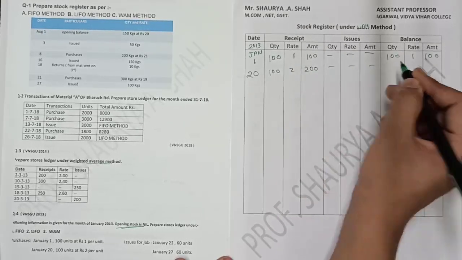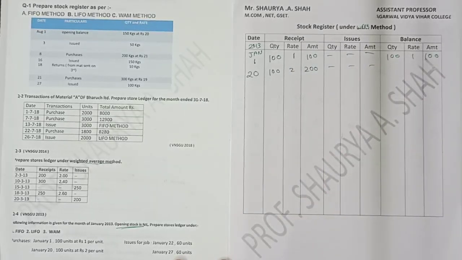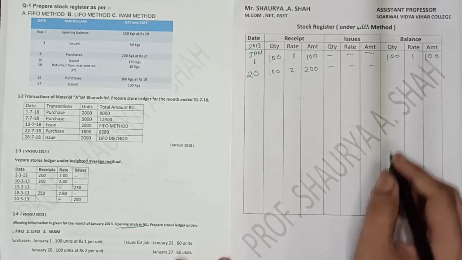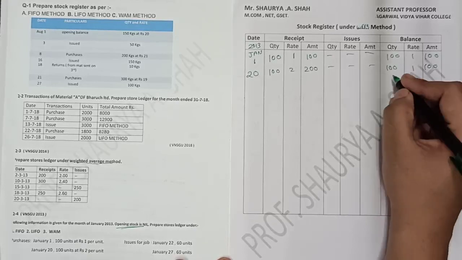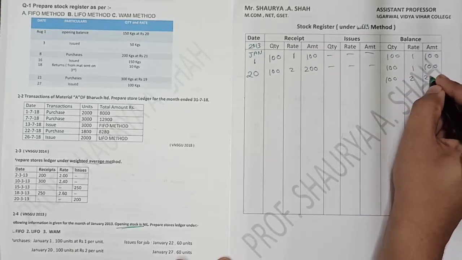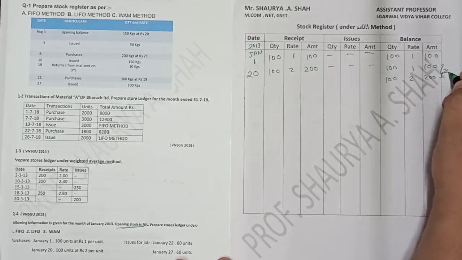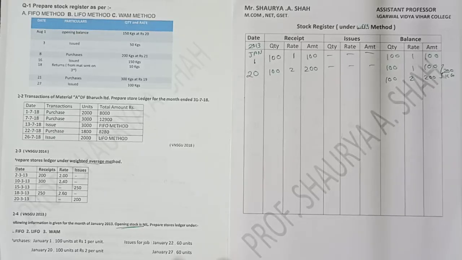So 200. Again, now I need to write down the balance. It will also remain the same, 100 at 1 is 100, 100 at 2 is 200. So my quantity will become 200 kg. As I told you, in all the methods, your quantity will remain the same. Just calculate it, students.